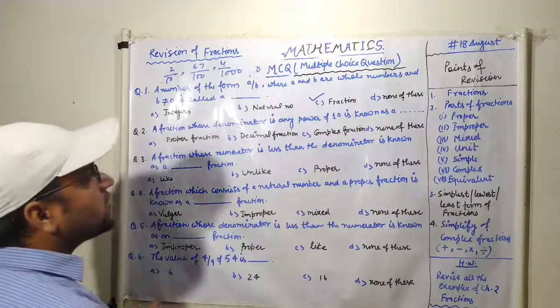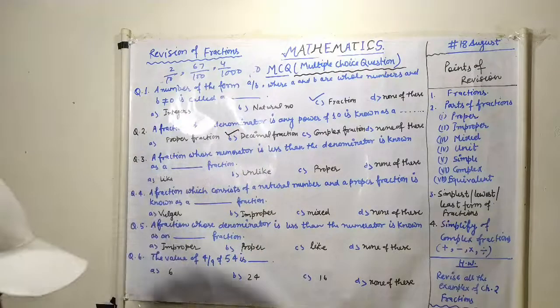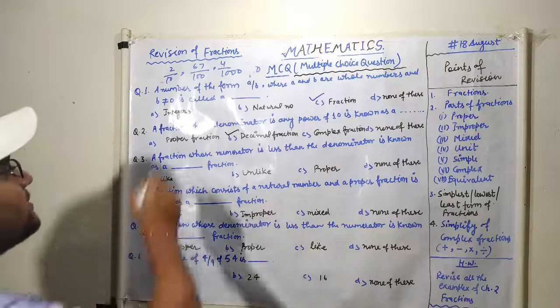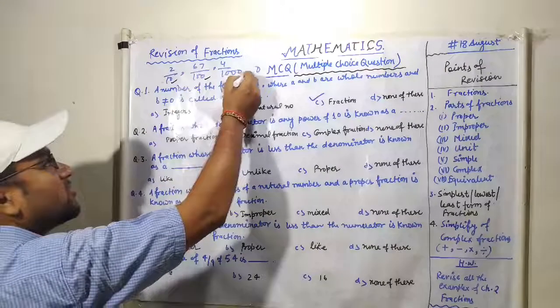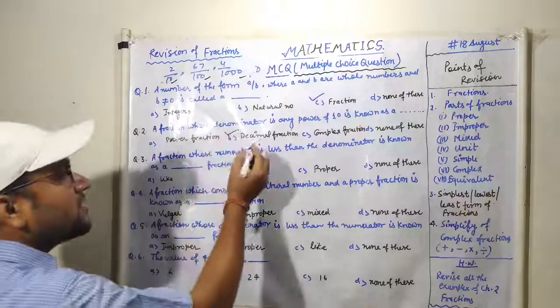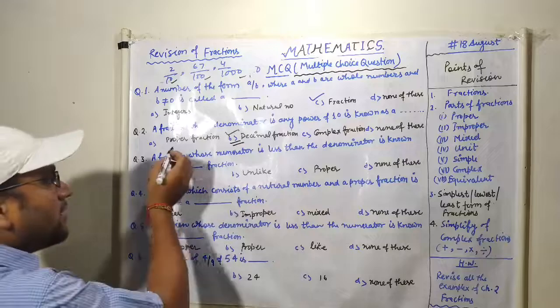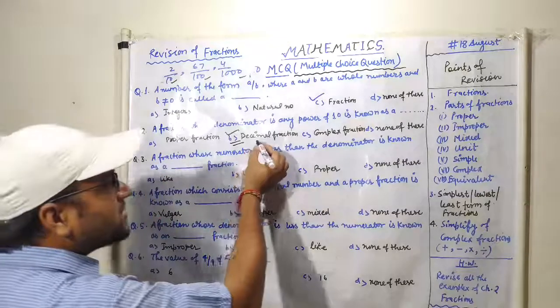So which option is going to be correct? Option B. If a fraction's denominator is 10, 100, 1000, 10,000, then that type of fraction is known as a decimal fraction. Very important this one, students.